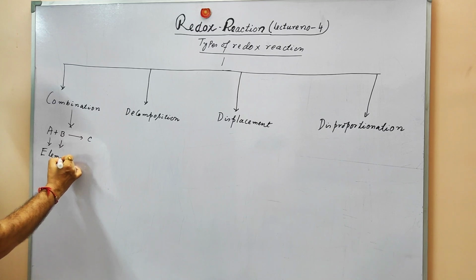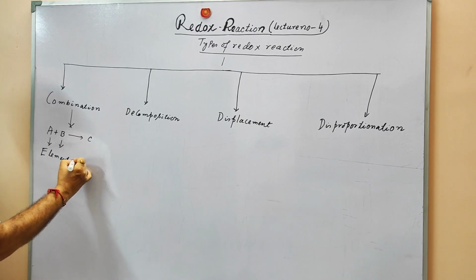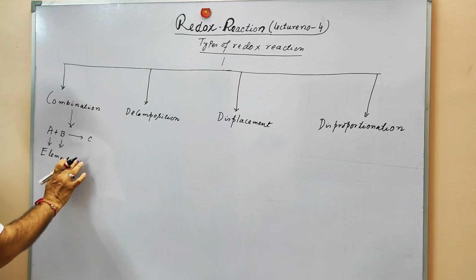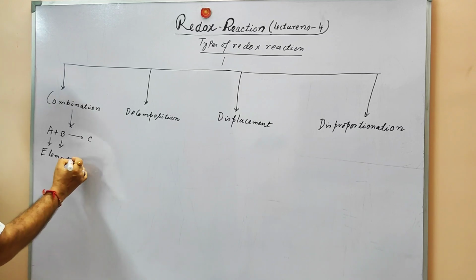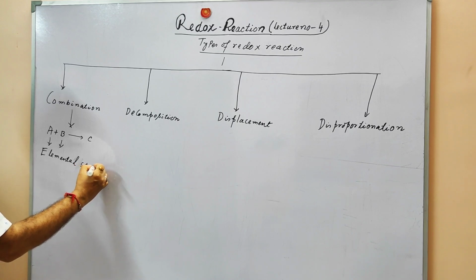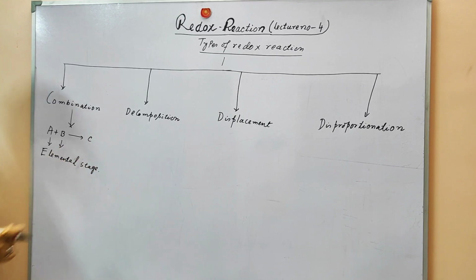That is the first criterion of a combination reaction. Elemental stage means the uncombined state, or you can say the free state. This is the combination reaction.